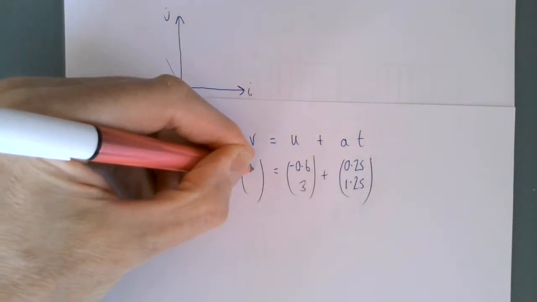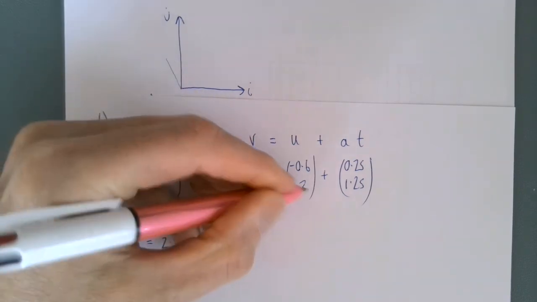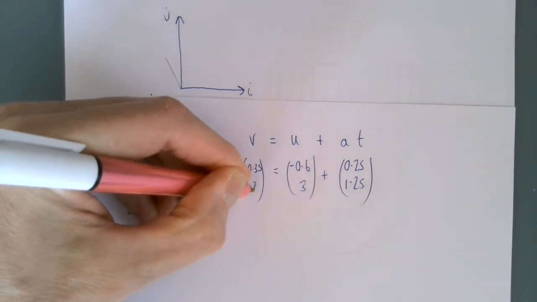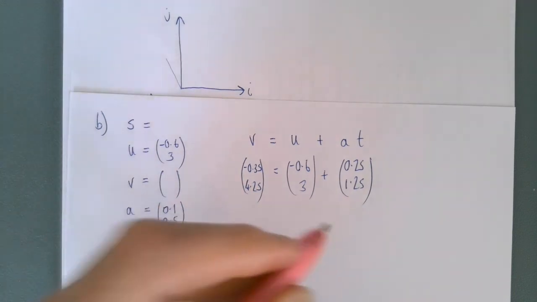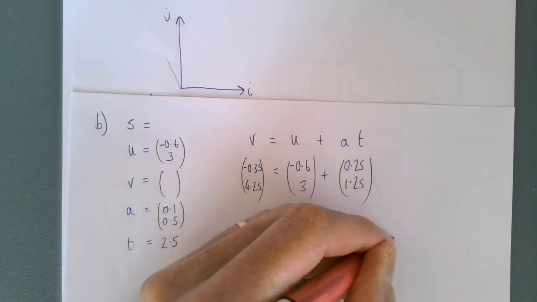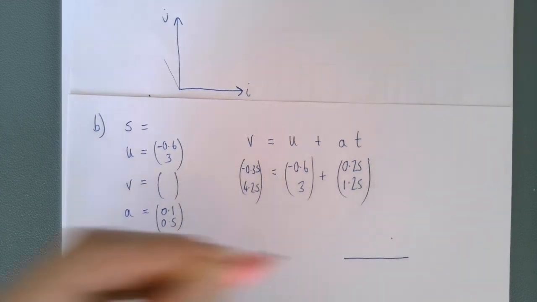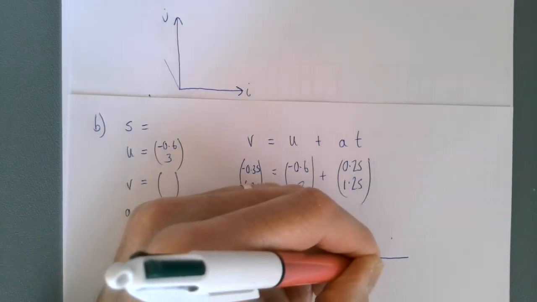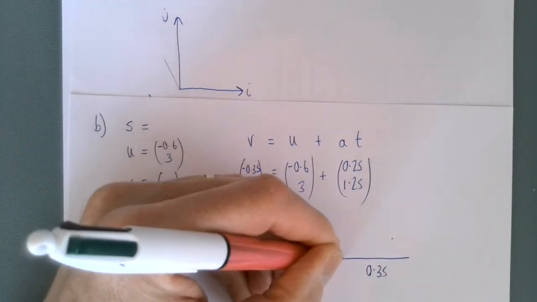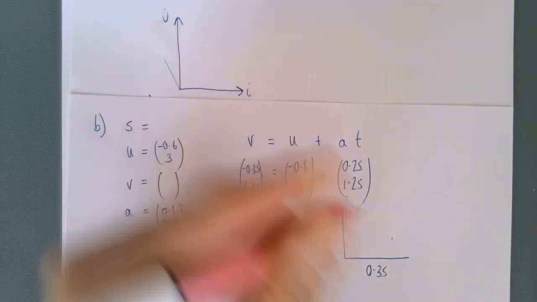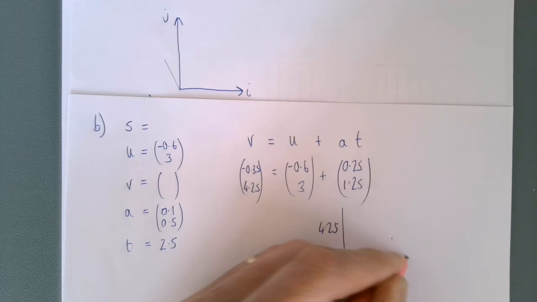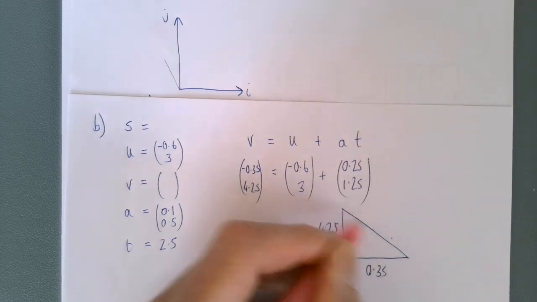That's minus 0.35 and 3 and 1.25 is that. So that is going that way. This is not to scale. And that way. So it is travelling in that direction.